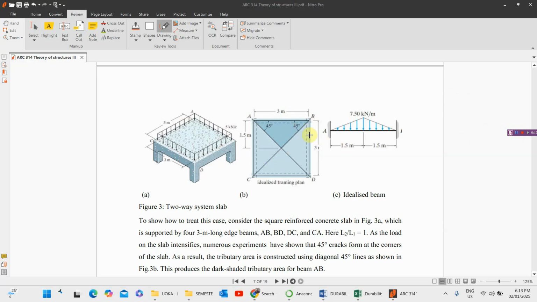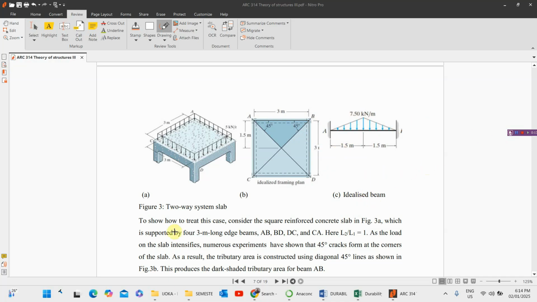So we have 7.5, and it will be loaded in this triangular form here. 7.5 will be at the top here. So we distribute it based on this loading. For this particular one, it's very simple. To know the load, we can always say half base times height. Then we divide it by 2 to know what load is carried at each point. When we get to that side, I will explain that one better.